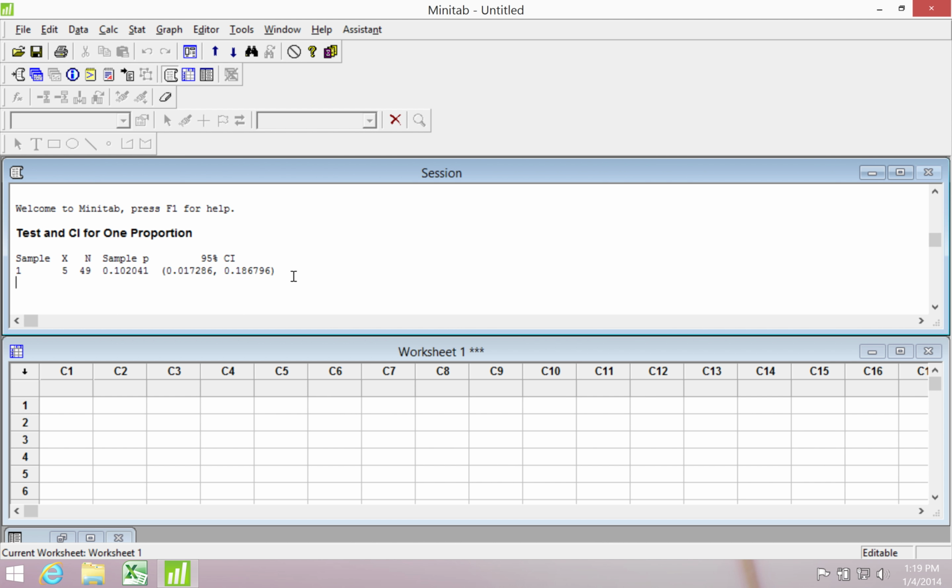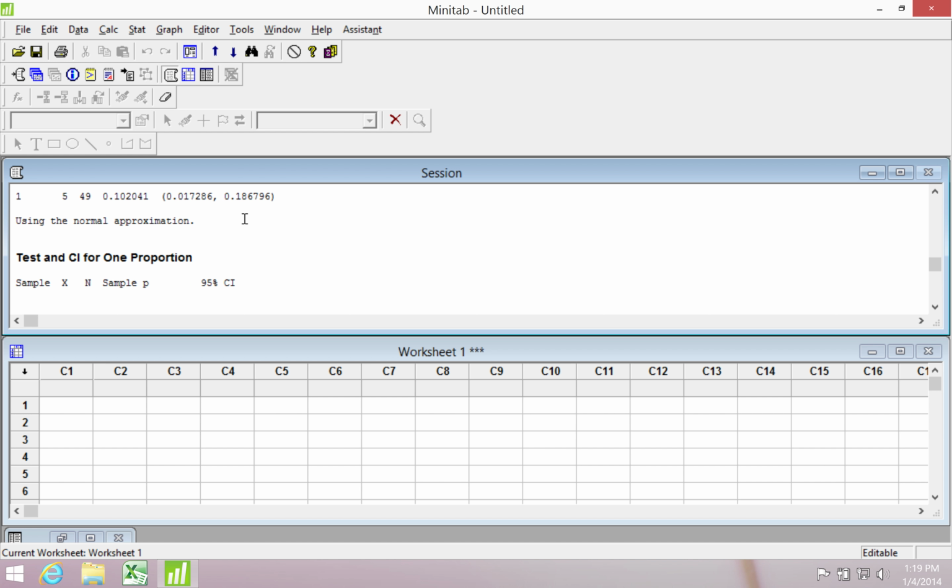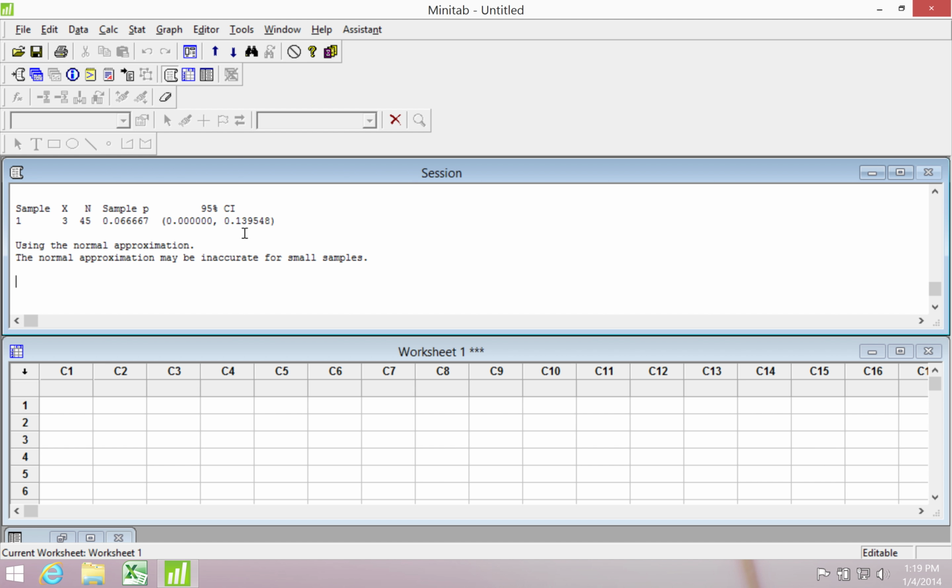And here you would get your confidence interval to be a little bit different, 0 to about 0.14. Notice how there's a difference here. So remember, you should be using the Wilson statistic if n times p is less than 5, or if n times q is less than 5.